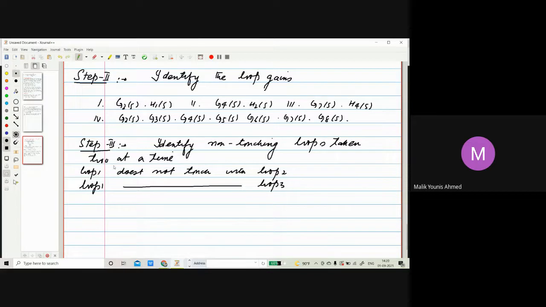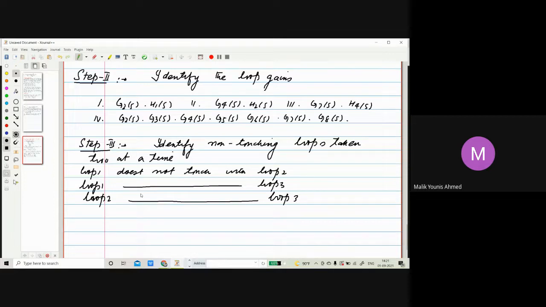Okay, and then loop 2 does not touch with loop 3. Okay, so this is very clear.